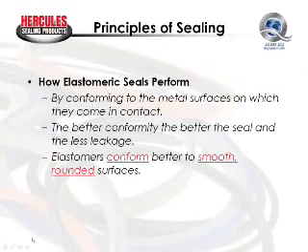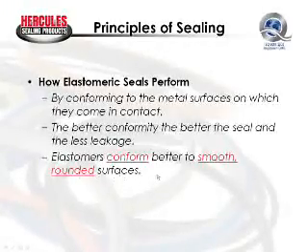And elastomers will conform better to smooth, rounded surfaces. So the smoother we can make the surface, the more rounded the irregularities on the surface, the easier it is for the elastomeric seal to conform to the surface.